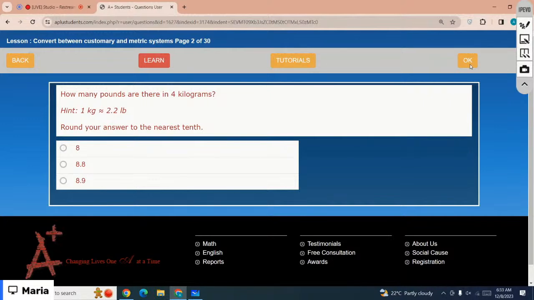Yes, it is 8.8. You need to do 4 times 2.2. The correct option is 8.8. Very good. That means in 4 kilograms, we have 8.8 pounds.